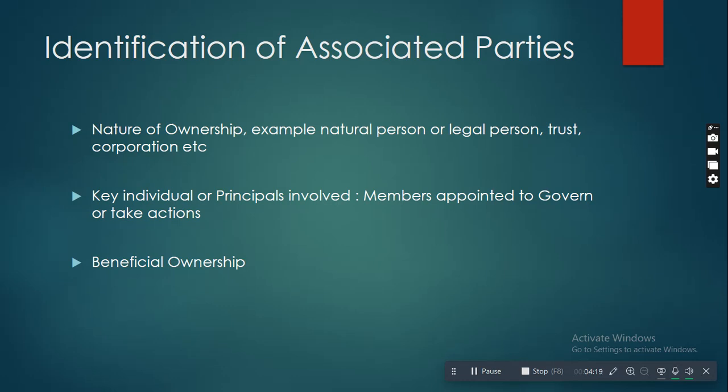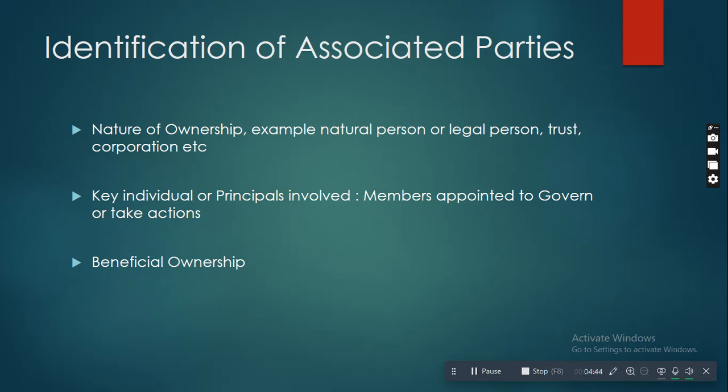These are also associated parties. Whenever there is a huge corporate deal or a corporate or legal structure, there is always a law firm or lawyer involved. So we will check those parties also. We will take into consideration all those associated parties with our party.